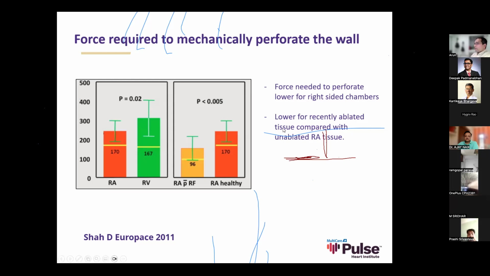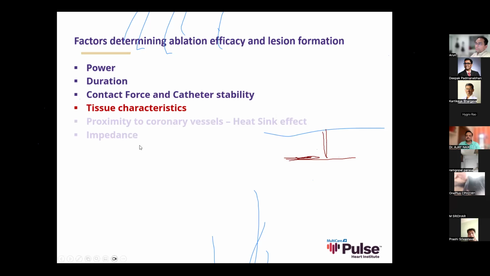And contact force required to perforate was lower for recently ablated tissue compared to healthy tissue. So healthy tissue is much more robust, and recently ablated tissue can be very dangerous. If you just ablated the tissue and you're going back to that area to ablate more, you've got to make sure that you're not inflicting too much contact force in that location.